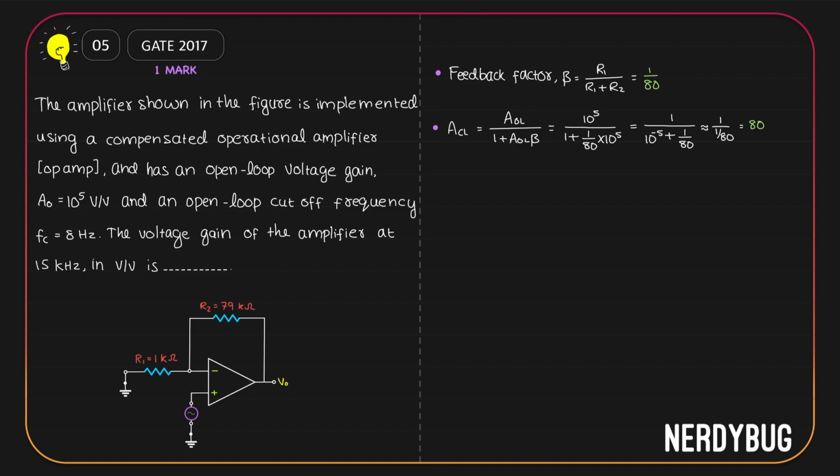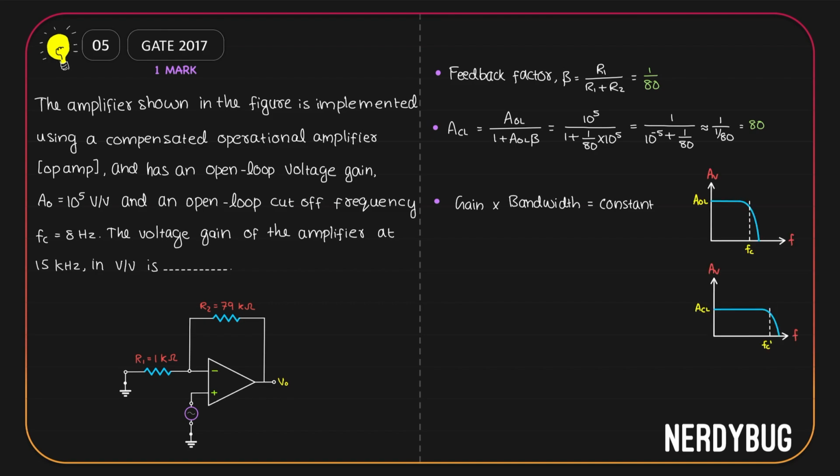Again, from the question we can see that when voltage gain is 10 to the power 5, cutoff frequency is 8 Hz. We have to find the cutoff frequency when the gain is 80. For that, we can use the condition gain multiplied by the bandwidth is always going to be constant. Let us compare the frequency responses of the open loop configuration and the closed loop configuration.